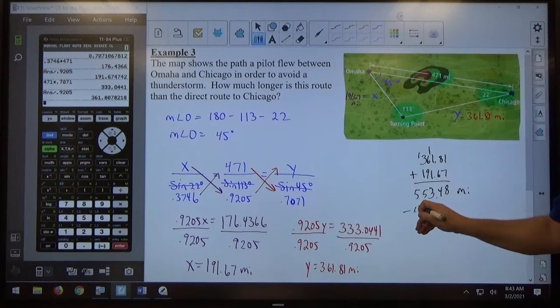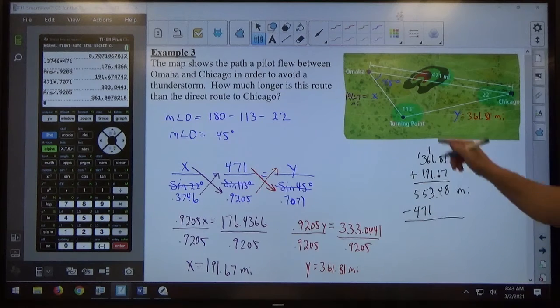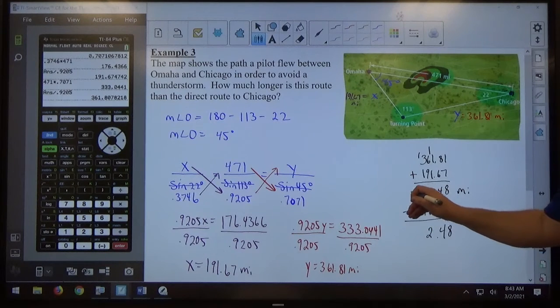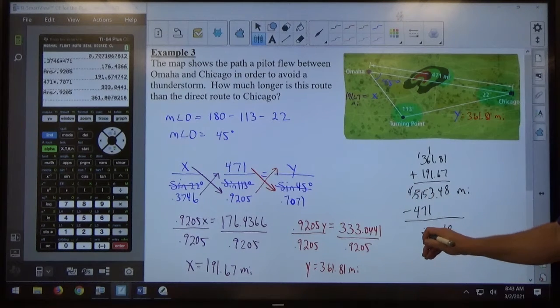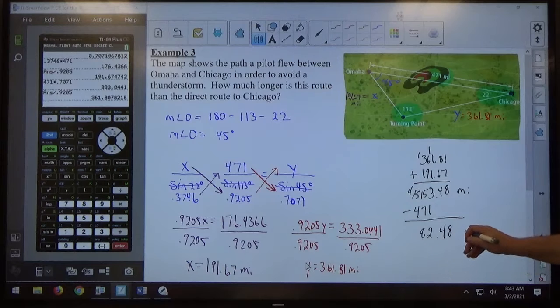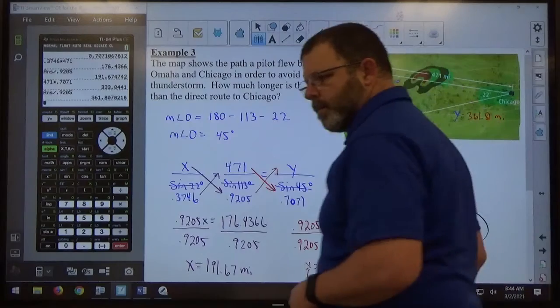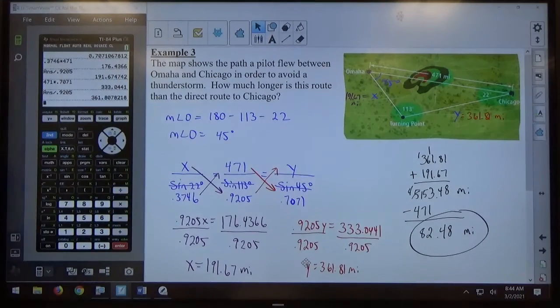We subtract 471 miles, the distance straight across. 3 minus 1 is 2, 5, borrow, 15 minus 7 is 8, 4 minus 4 is 0. 82.48 miles extra in order to take the safer route around the thunderstorm.